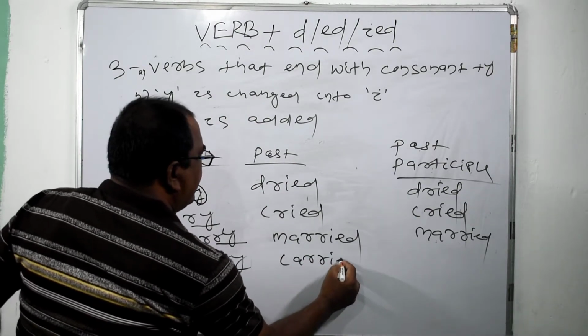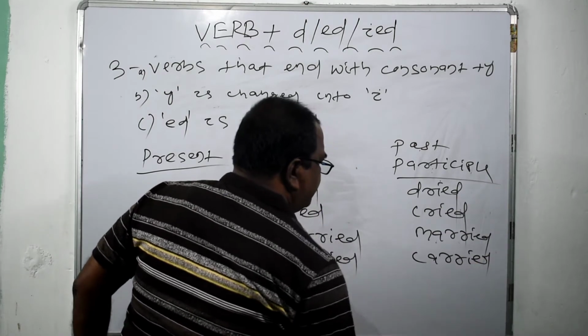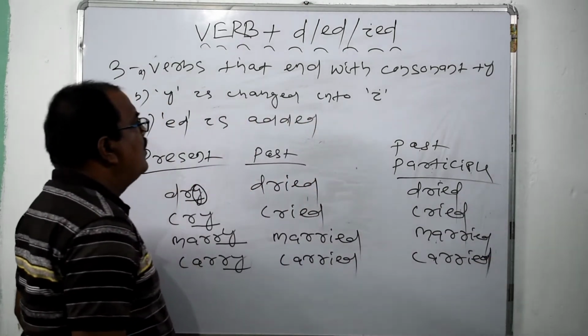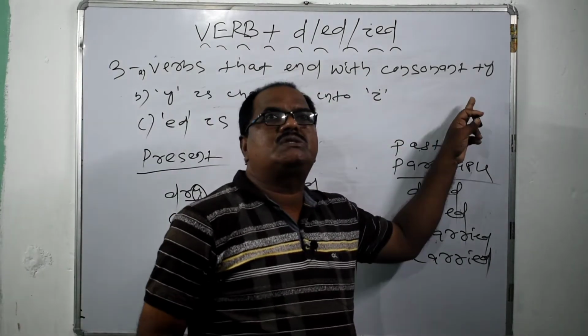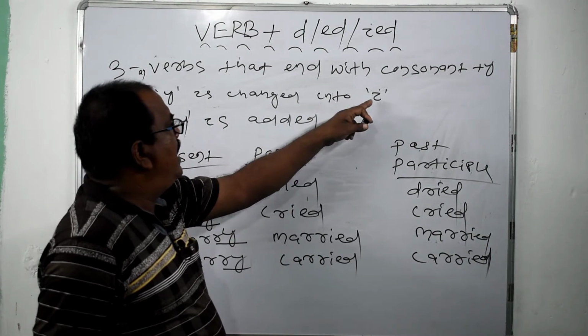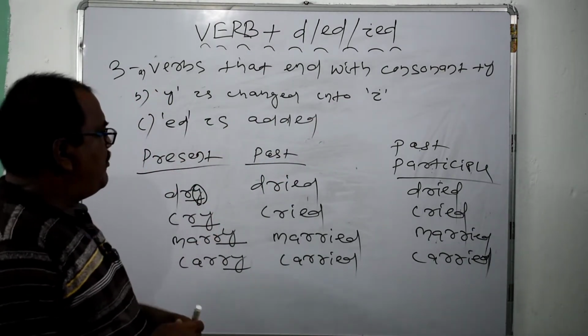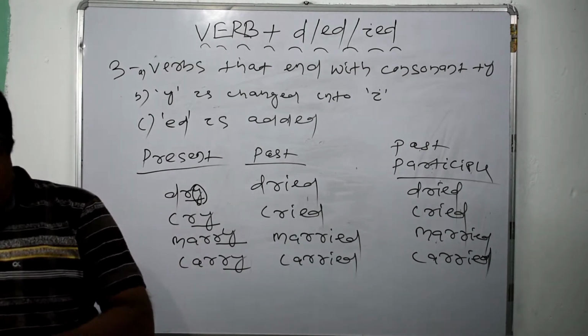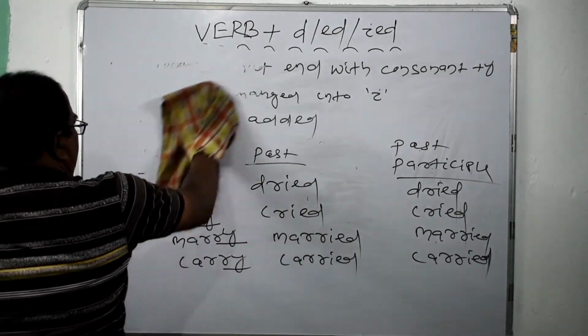Carry, carried, carried. When the verbs end with consonant plus y, y is changed into i, then ed is added to make their past and past participle forms. This is the number 3 formula.